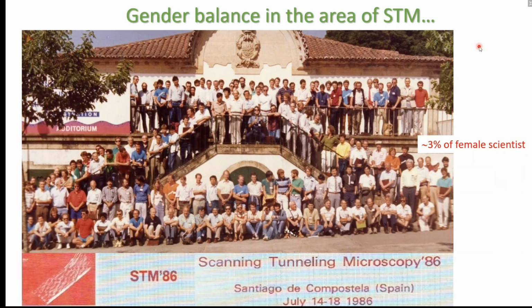Here you have a picture of the first STM congress that was held here in Spain, and you can see that it is really hard to find a woman in this picture. I just made an estimation that we had around 3% of female scientists at the beginning of this technique.